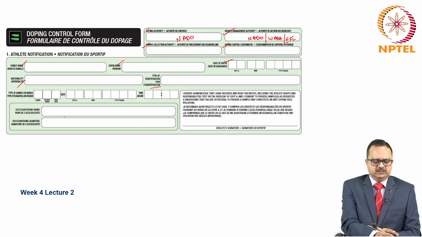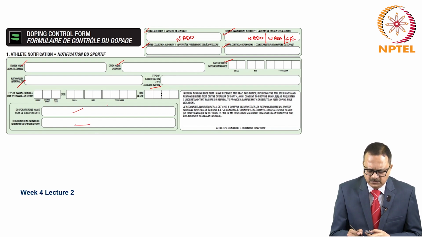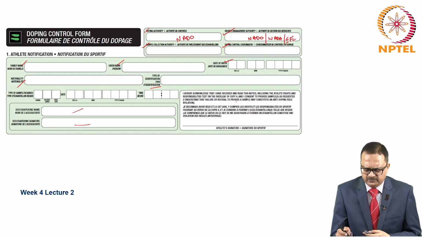After that, the chaperone or the DCO name is to be written here, and the DCO and the chaperone signs here. The athlete is told to read what is written in the form, and then he or she acknowledges that: I have received and read this notice, including the athlete's rights and responsibilities text on the overleaf, and I consent to provide samples as requested.